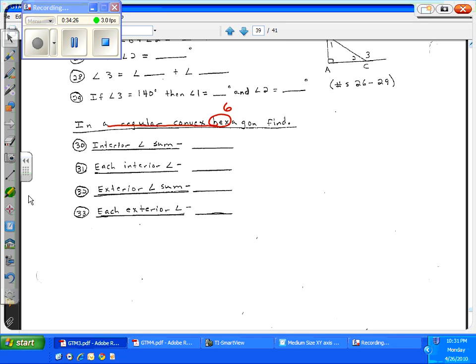Be sure and memorize that triangle is 3, quadrilateral is 4, pentagon is 5, hexagon is 6, septagon 7, octagon is 8, nonagon is 9, decagon is 10, then you have an 11-gon. A 12-gon is also called a dodecagon. And then after that, you have a 13-gon, 14-gon, 15-gon.